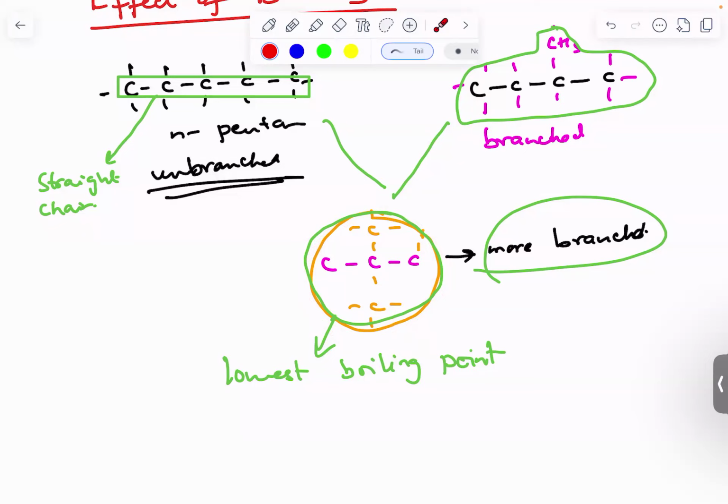When the alkanes have branches, then what happens? They have the lower boiling point because they cannot pack together as closely as unbranched chains, and so the van der Waals forces are not so effective.